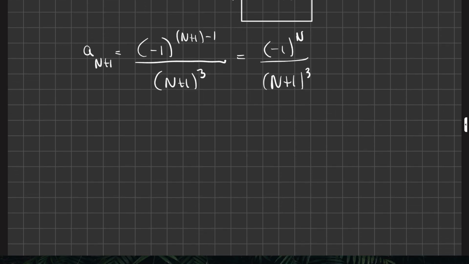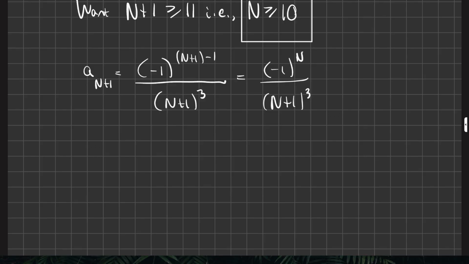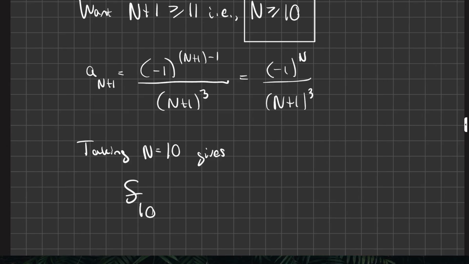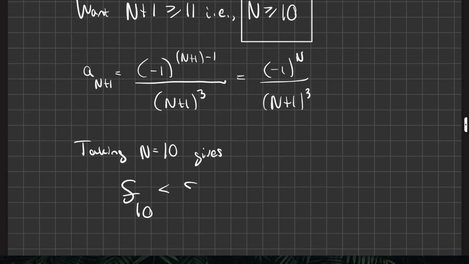Okay, so how do we formulate this? Taking n to be 10 gives the partial sum evaluated at n equals 10. We write it as s sub 10 is strictly less than our original sum that goes up to infinity, which is itself less than s sub 10 plus this term here.